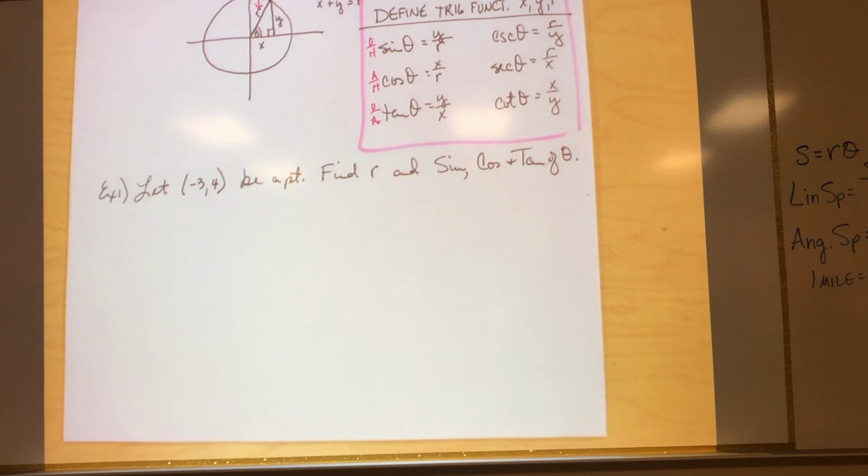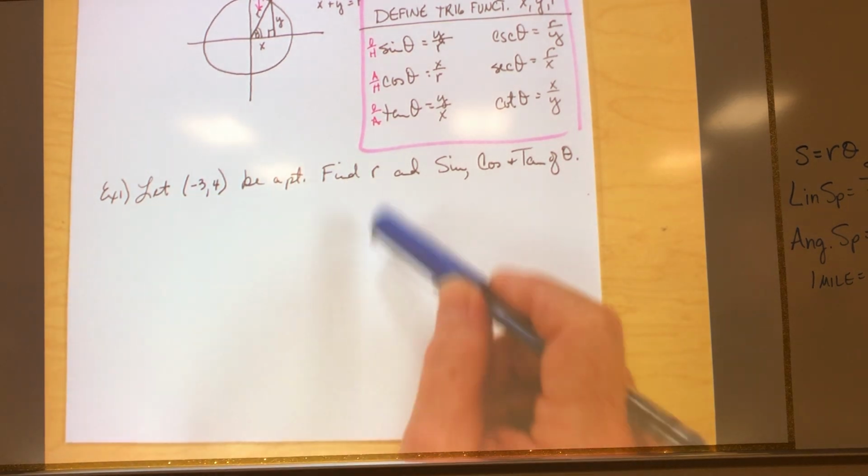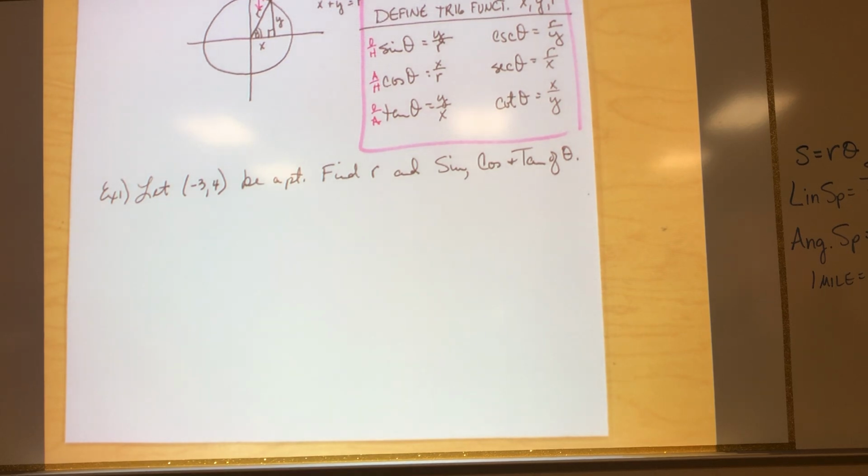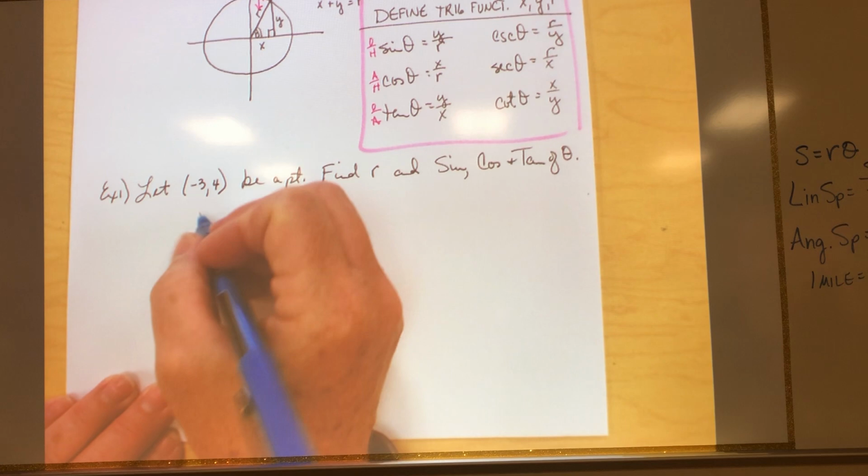All right. So first thing I'm going to do. Let's don't do that. Let's see if we can do it without it. Okay. Do I need to draw a picture? No. Do we know how to find sine, cosine, and tangent in terms of x's, y's, and r's? Okay. So I don't really need a picture. Does everybody agree?